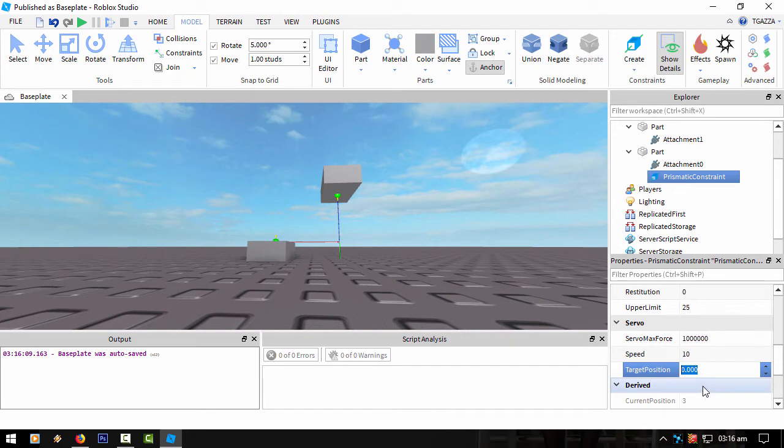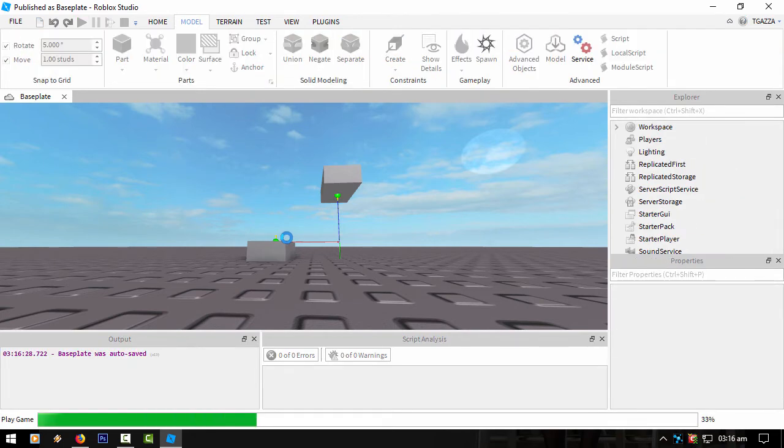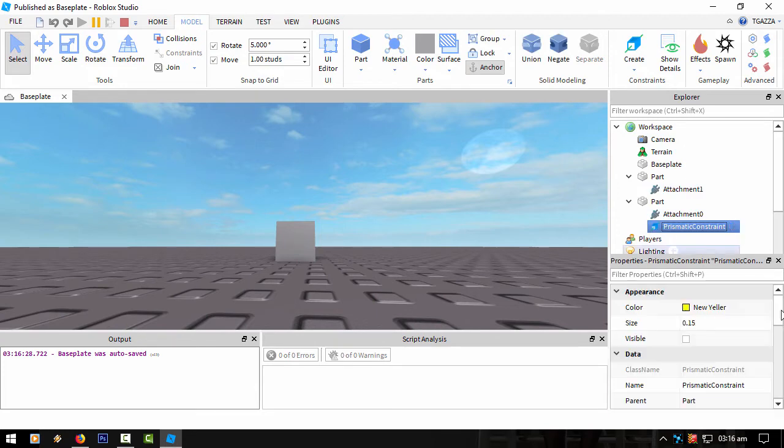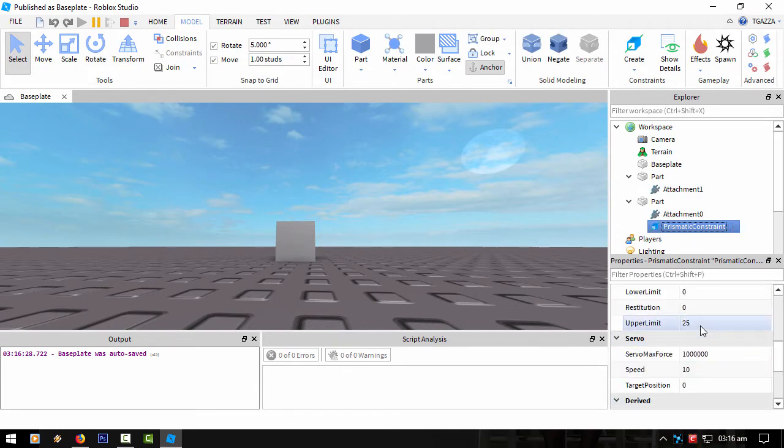So target position 5. So that should move to 5 studs above, hopefully, if I set it right. Oh, I set the wrong thing. There we go.